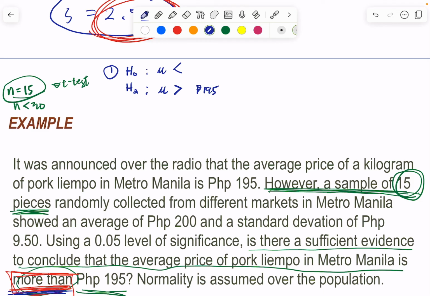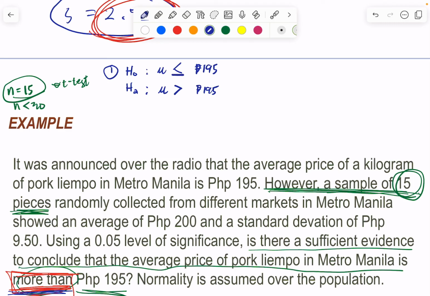And since it is null, always include the sense of equality. It is fewer than or less than and or equal to 195 pesos. So, naa na kay duha, your null and alternative hypothesis.